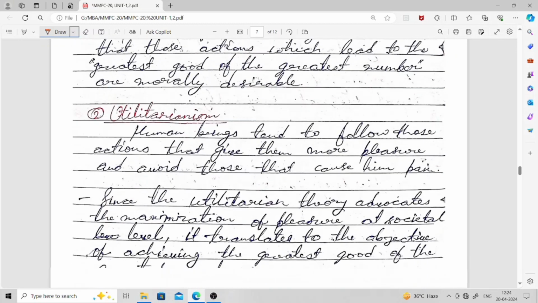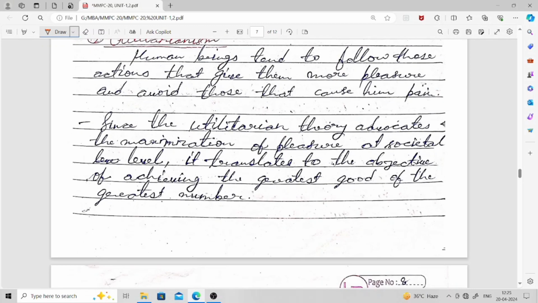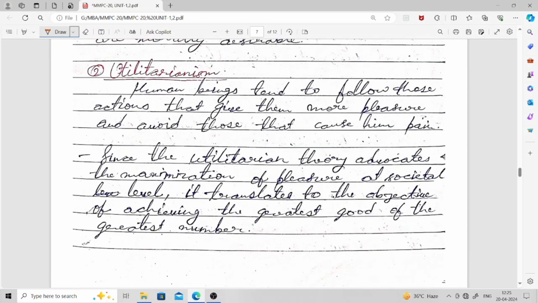Then next you have utilitarianism. What it says is that human beings tend to follow those actions that give them more pleasure and avoid those that cause them pain. That's about utilitarianism. Since the utilitarian theory advocates the maximization of pleasure at the societal level, it translates to the objective of achieving the greatest good of the greatest number.